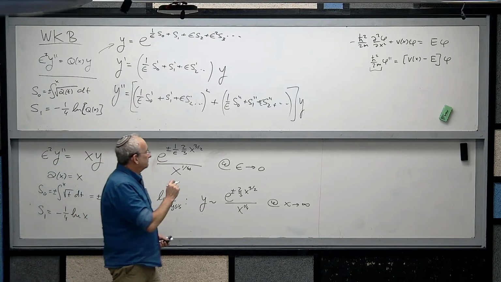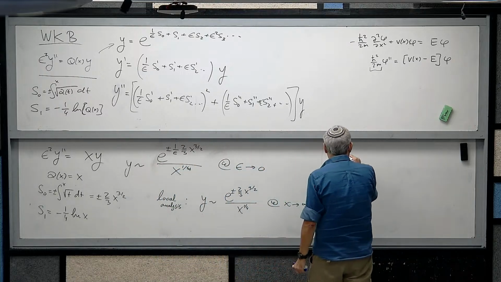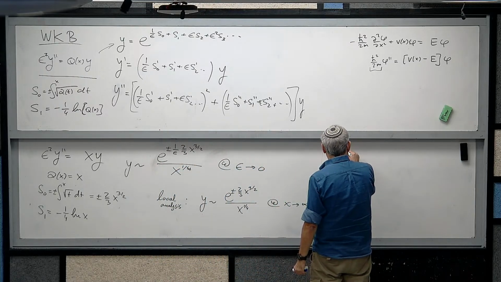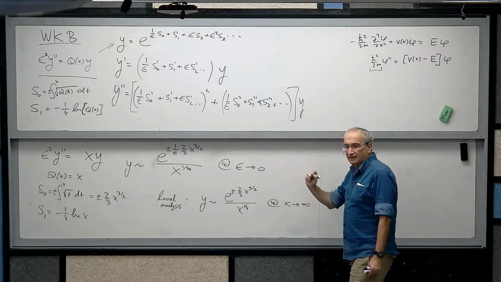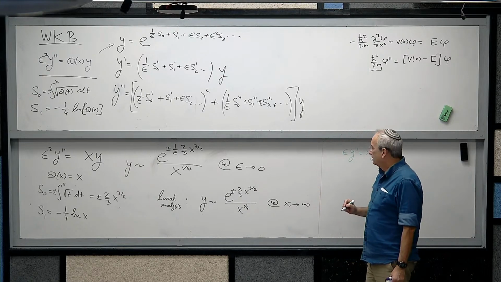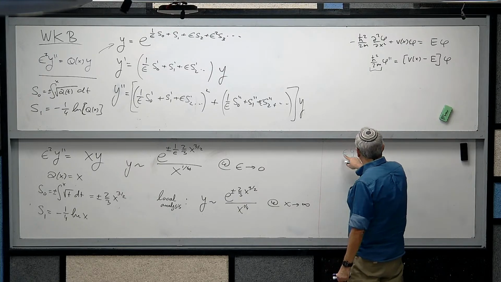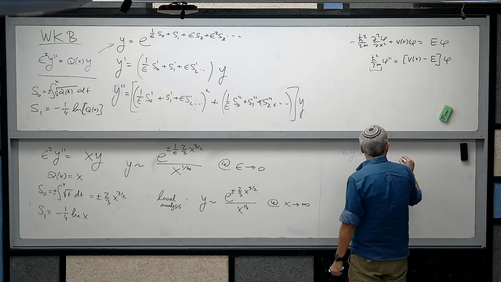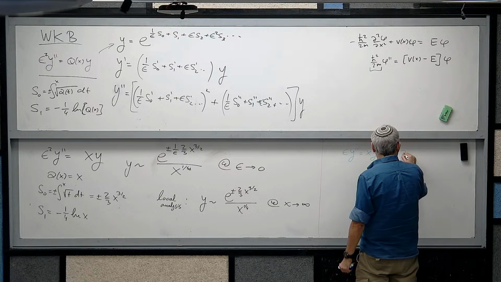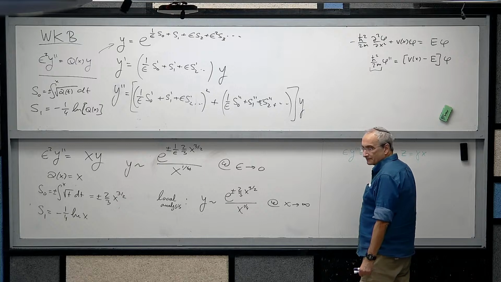Let's consider the Airy equation: epsilon y double prime equals xy, right? Now I want to absorb the epsilon. How do I do that? I will define z as gamma times x.